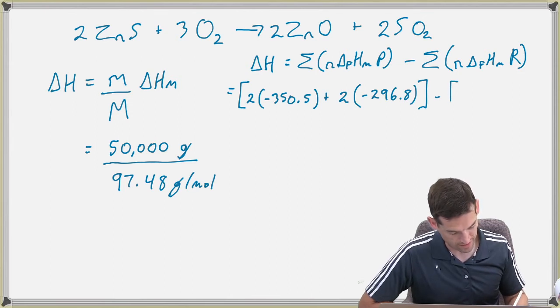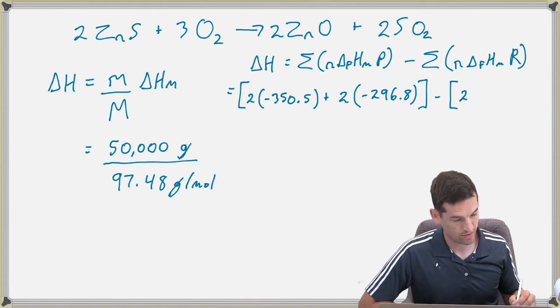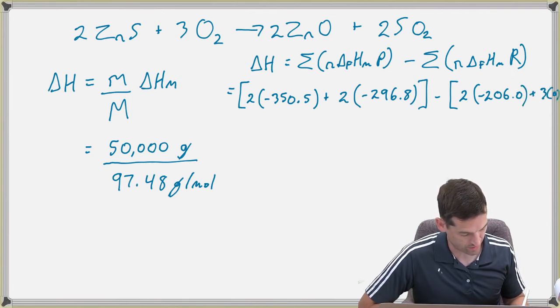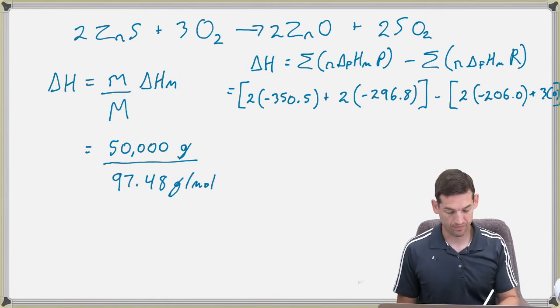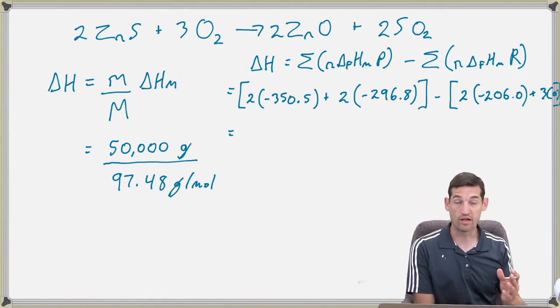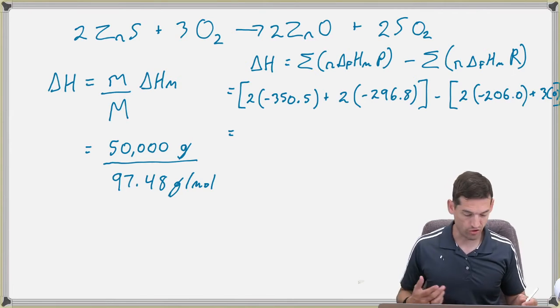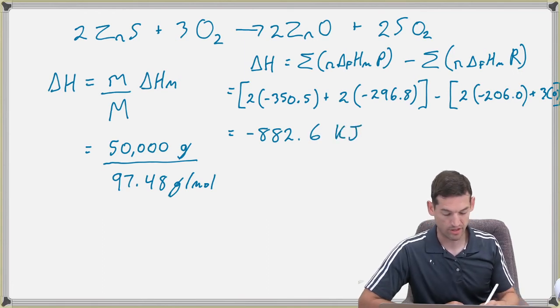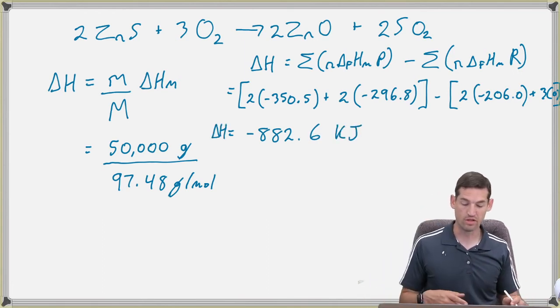On the reactant side, I have 2 times the zinc sulfide, which is negative 206, and then plus 3 times 0. Okay. Now, if you do that all out in your calculator, you should get, I think it's negative 882.6 kilojoules. Now remember, that's a delta H value.